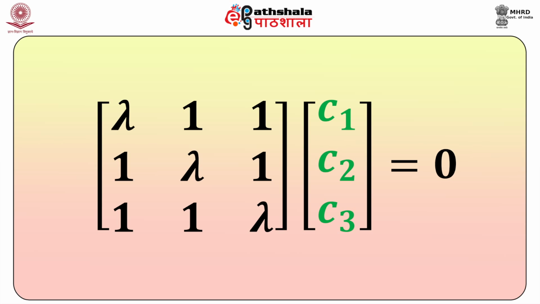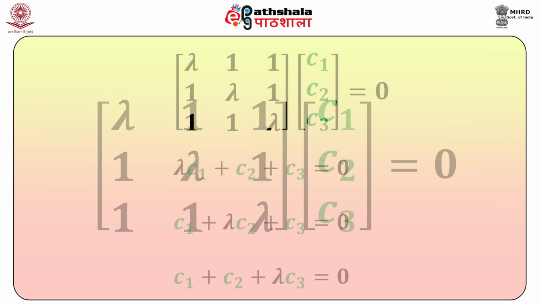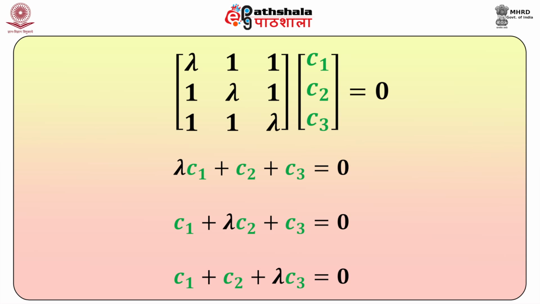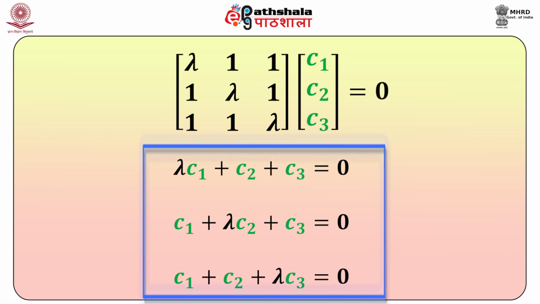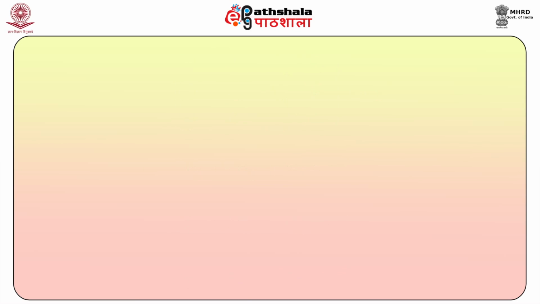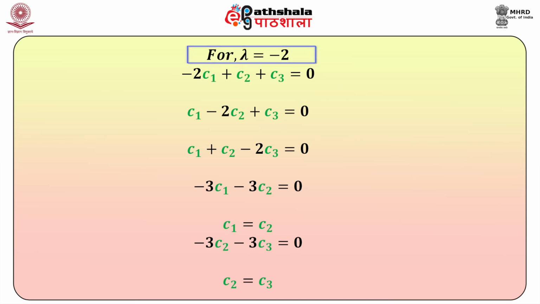These are clear. First is the Huckel determinant, and the next is a column determinant which has the coefficients C1, C2 and C3. If we simplify it as we are doing it here, we get the corresponding 3 equations, and then, let's first take lambda equal to -2.